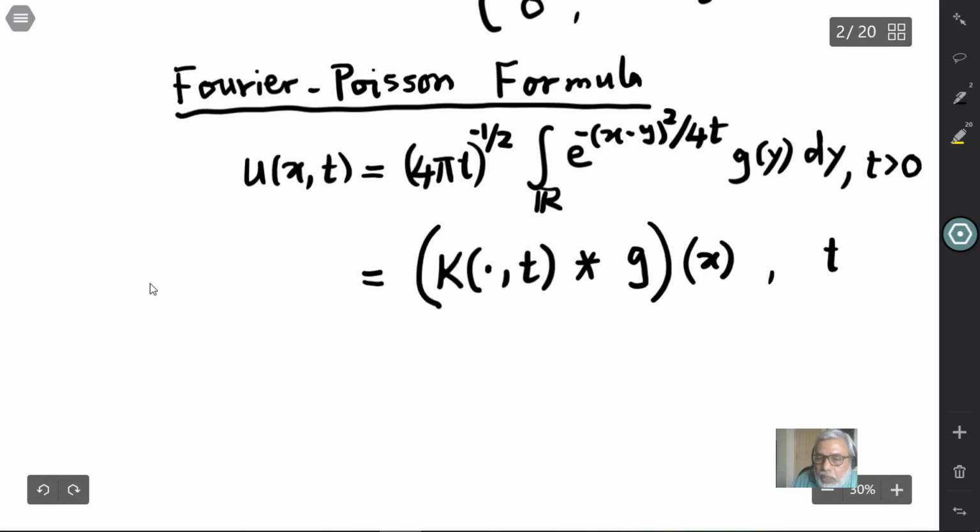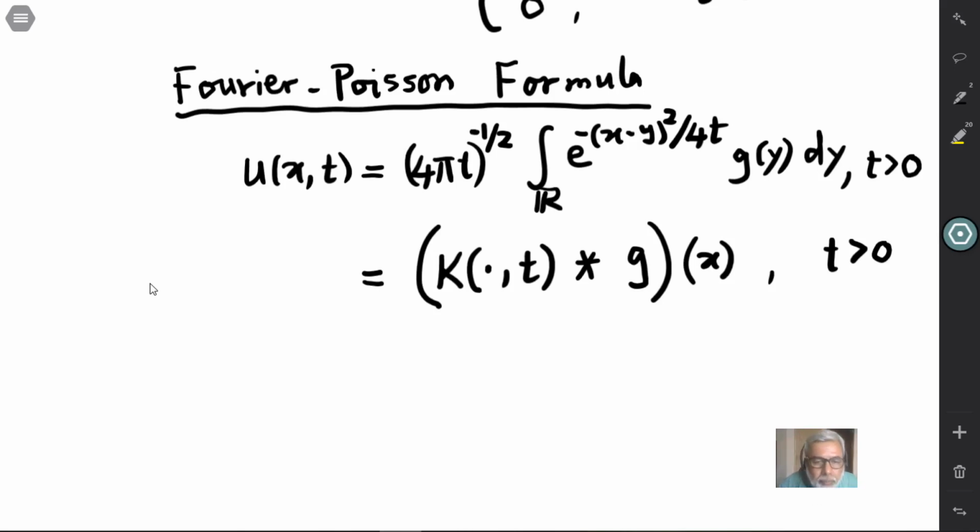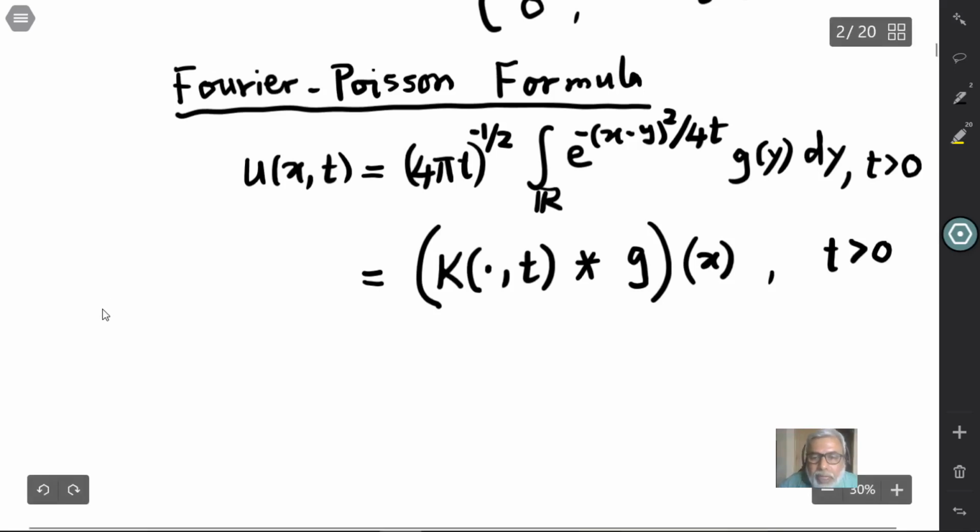So it is the convolution of this fundamental solution of the heat equation or heat operator, and we also call it the heat kernel because that appears as the kernel in this integral operator.